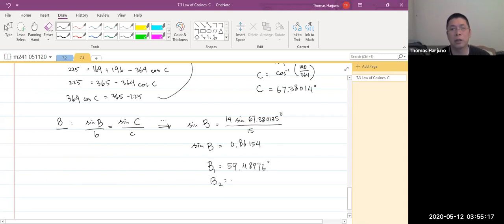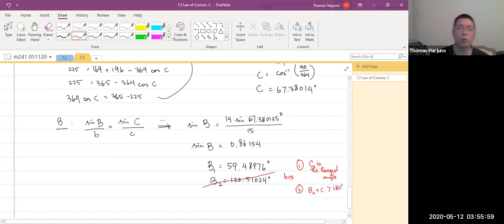So 180 minus that will be 120.51024 degrees, because the solution for sine B equals that, there are two solutions, but then you cancel this one, and you give the reason, because either you say C is the largest angle, or second, you say that B2 plus C is greater than 180 degrees. Either one of the reasons.